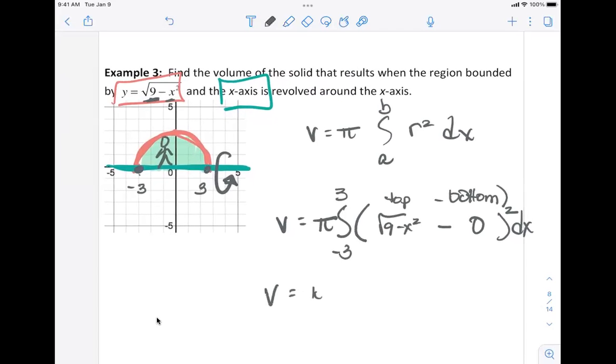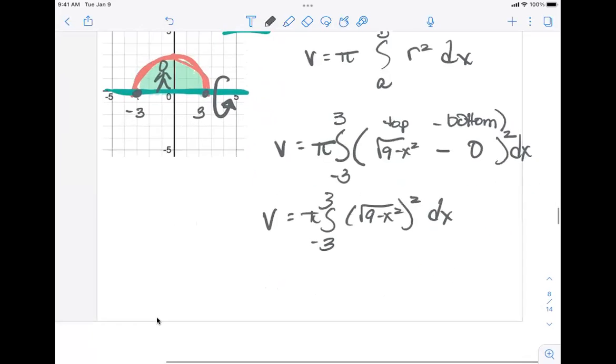So if I clean this up a little bit, goodness, a silly cough. We have 9 minus x squared. I don't have to worry about the 0. This is squared, dx. This would be 9 minus x squared dx.